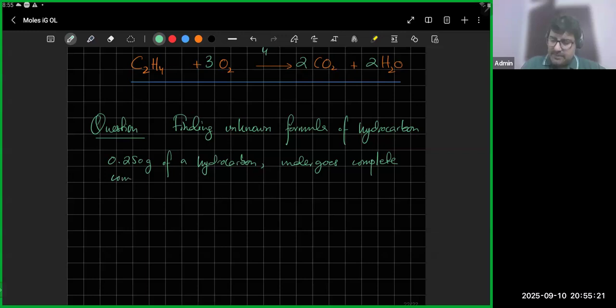It undergoes complete combustion, and carbon dioxide and water are produced. You're getting 0.845 grams of carbon dioxide, and you're getting 0.173 grams of water.